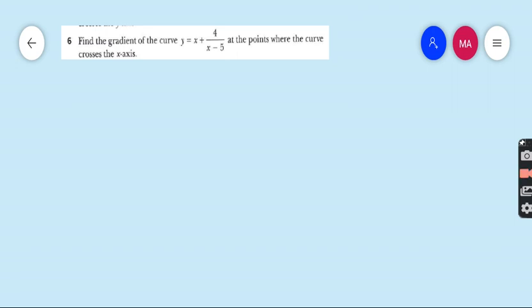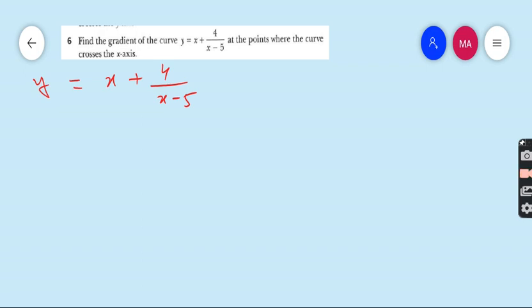Question number 6 is: find the gradient of the curve y equals x plus 4 upon x minus 5 where the curve crosses the x-axis.